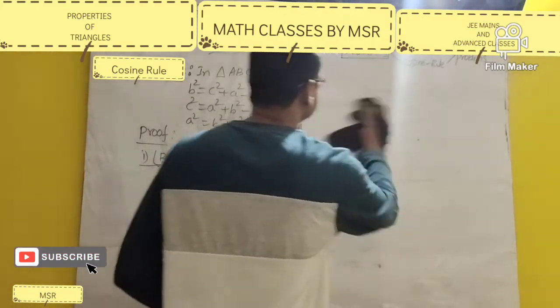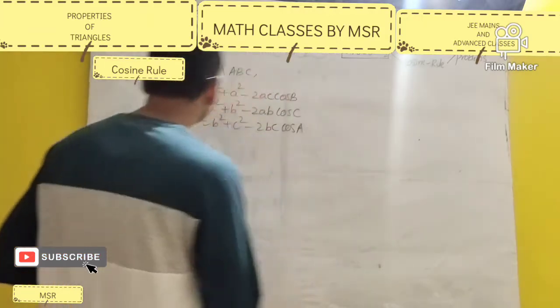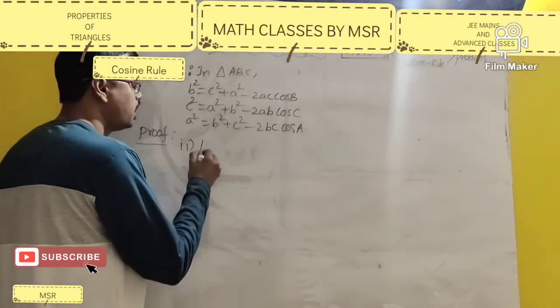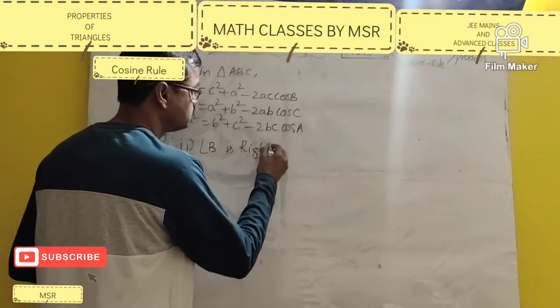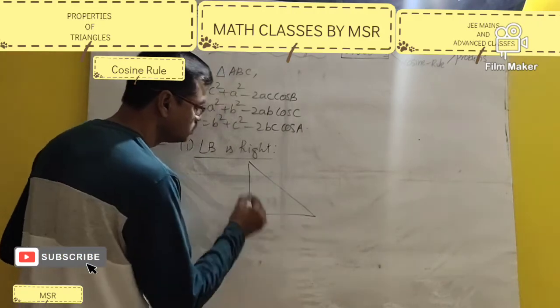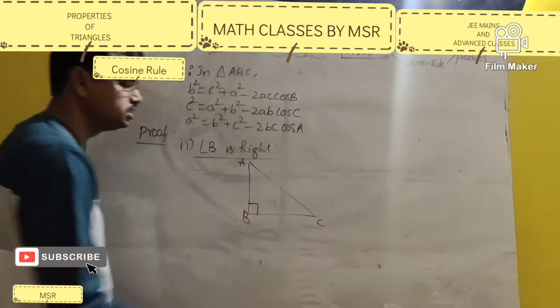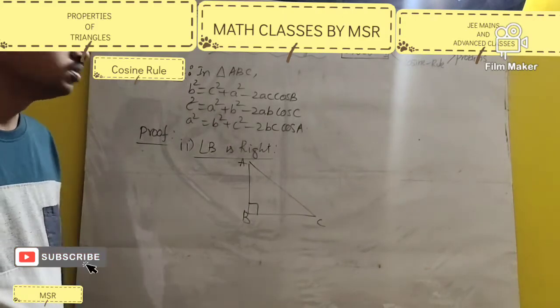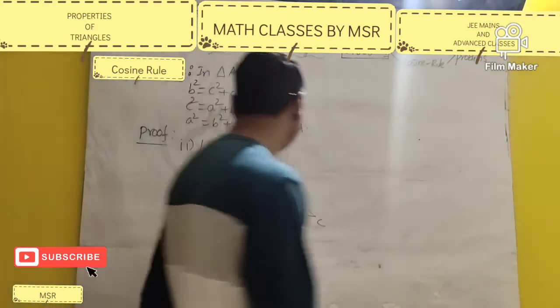The second case, angle B is right. If you take triangle ABC where angle B is right, what is the condition we will get by Pythagoras theorem?